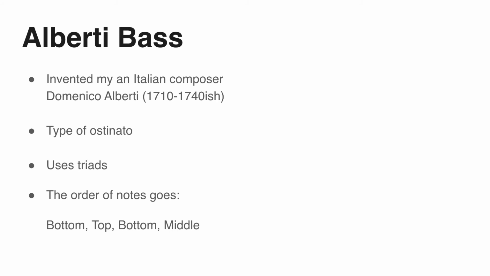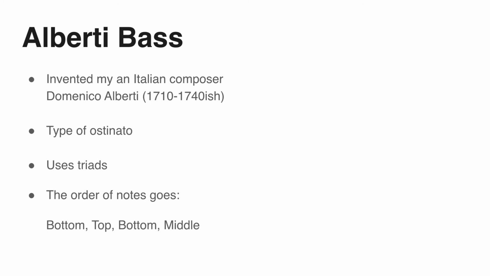So we got our triad here, right? And the order goes bottom, top, middle, top, bottom, top, middle, top. So it goes bottom note, that top note, middle note, top note, right?